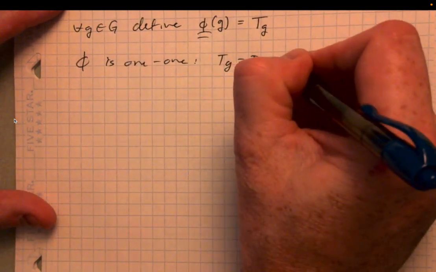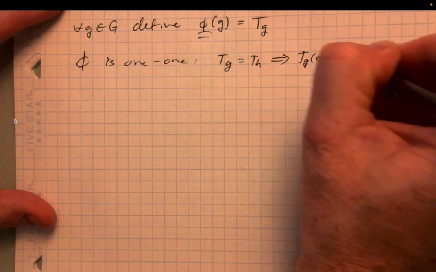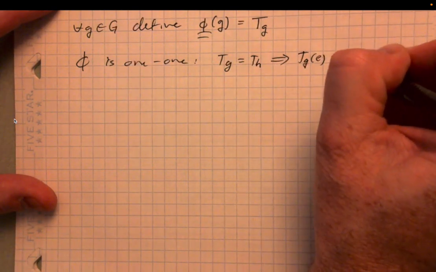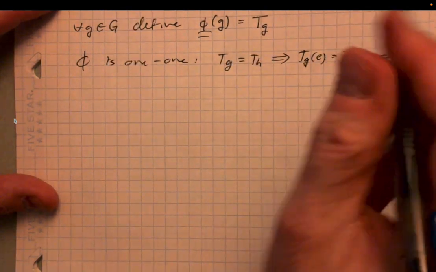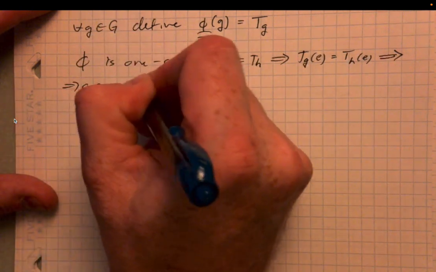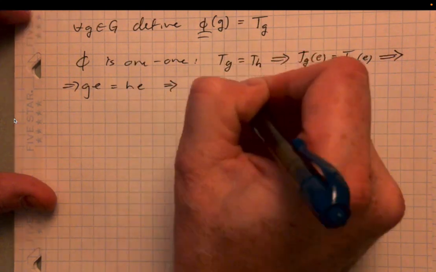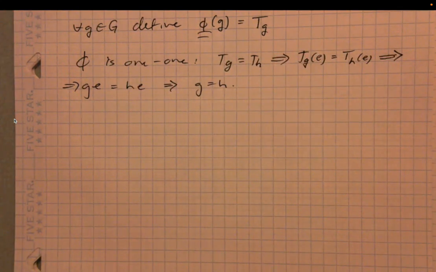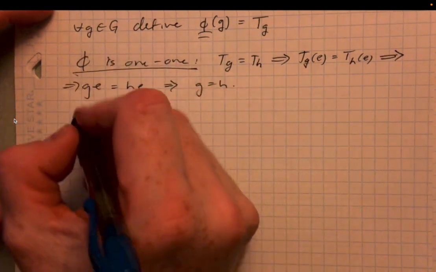Well, that being the case, then T_g of the identity equals T_h of the identity, which implies that g times e equals h times e, which implies that g equals h. So you got 1-to-1.